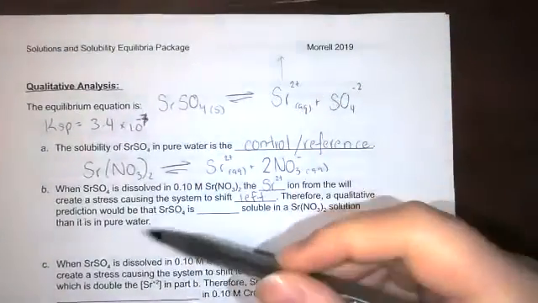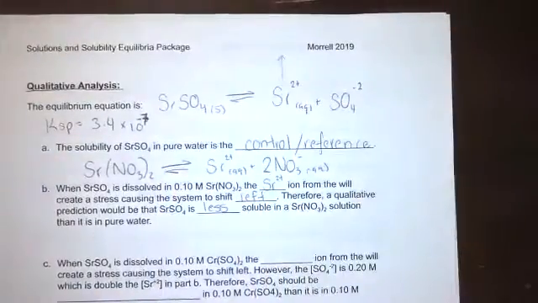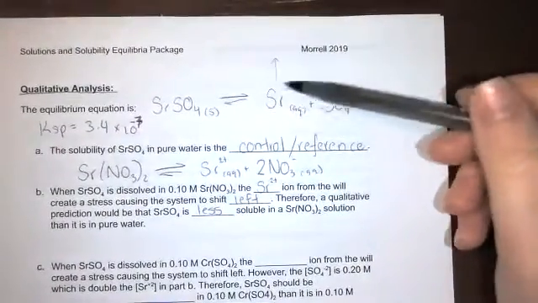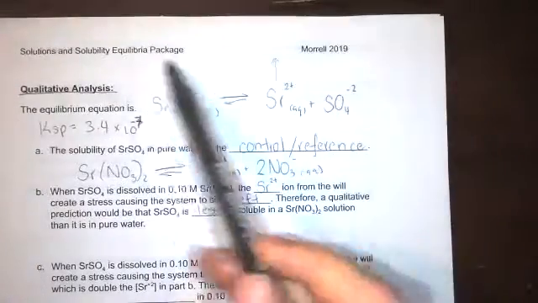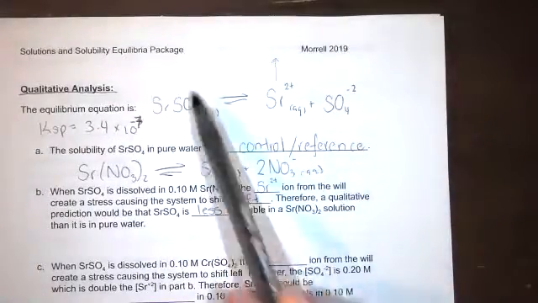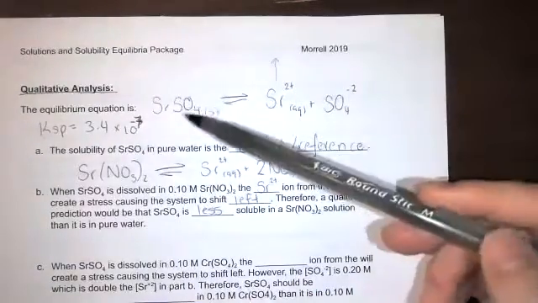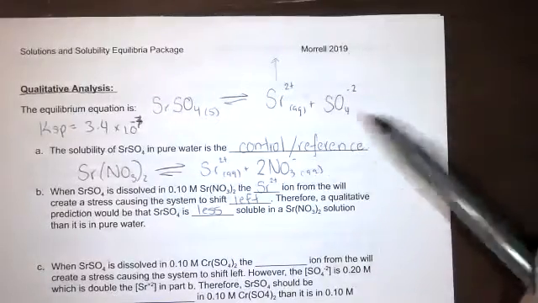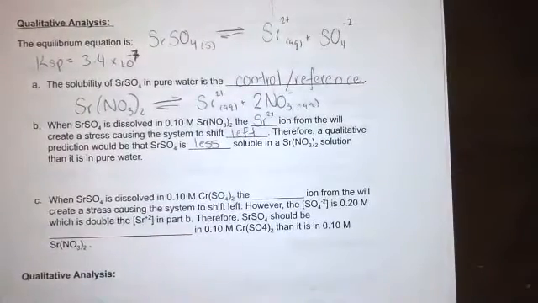Therefore, the qualitative prediction would be that my strontium sulfate is going to become less soluble than above, because now I have this added strontium ion, which will shift my equilibrium to the left towards the precipitate. So I already have some strontium in solution. It makes sense that my strontium sulfate would now be less soluble than in pure water. All right, let's look at the next condition.